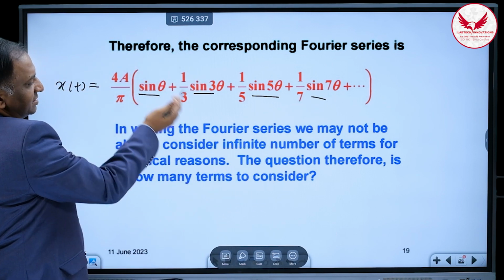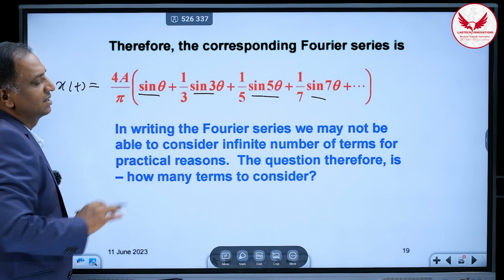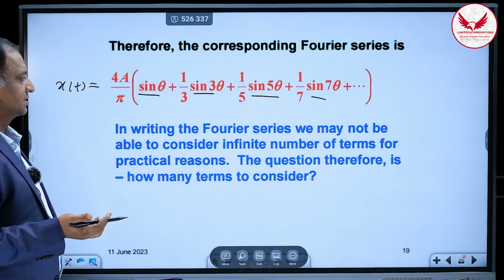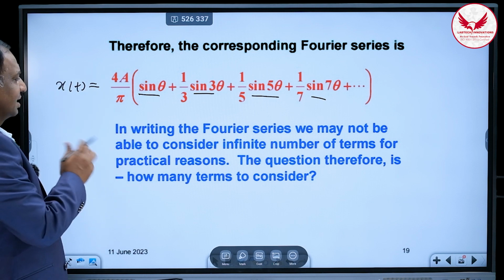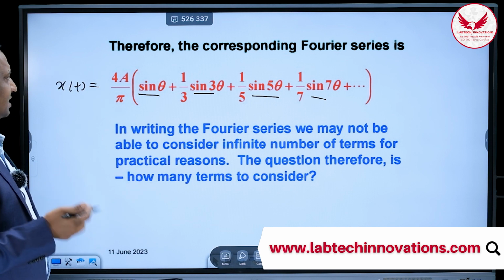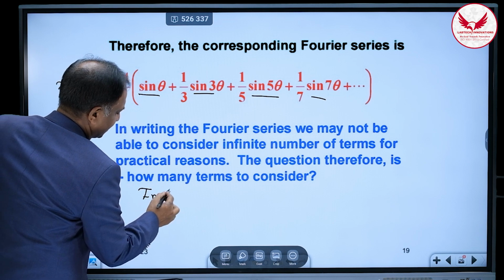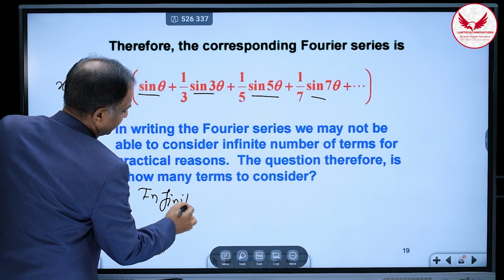So if you write this equation in MATLAB, you can exactly reconstruct the signal shown graphically as x of t. This is called the trigonometric Fourier series. But as I told you, the trigonometric Fourier series is an infinite Fourier series.